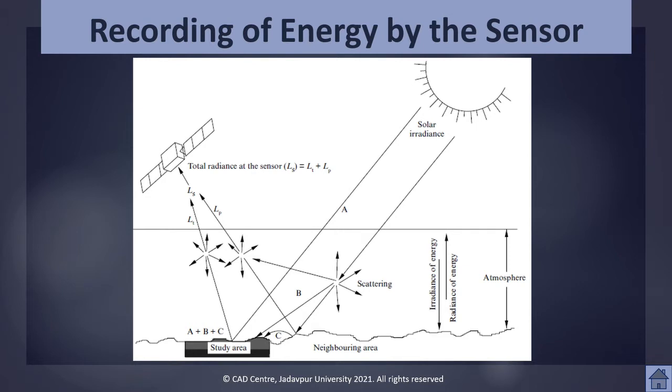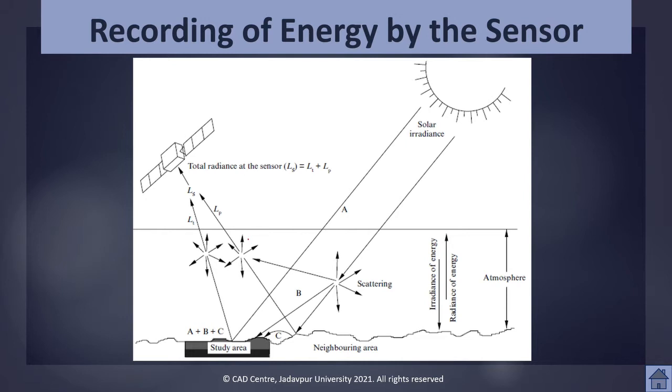Unfortunately, other radiant energy may enter the field of view from various other paths such as atmospheric interaction, solar irradiance, sky irradiance, and scattering, and they introduce confounding noise into the remote sensing process.